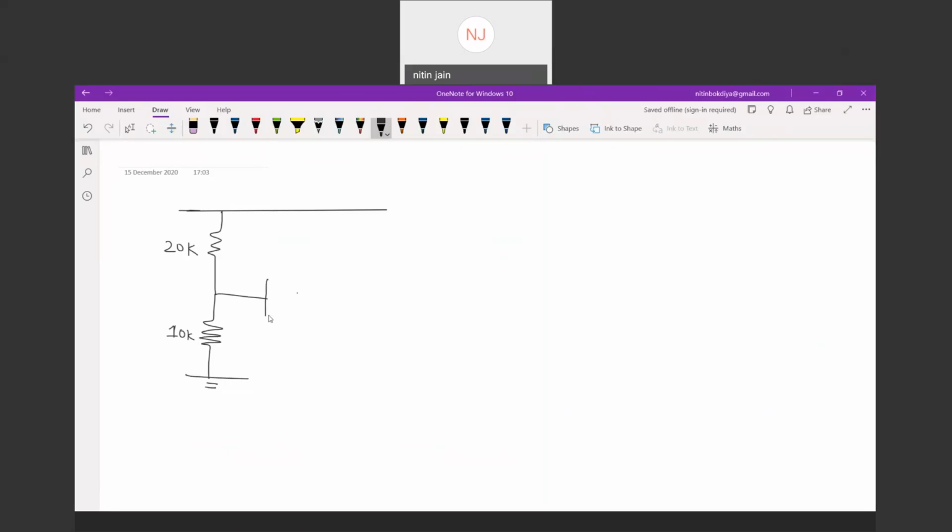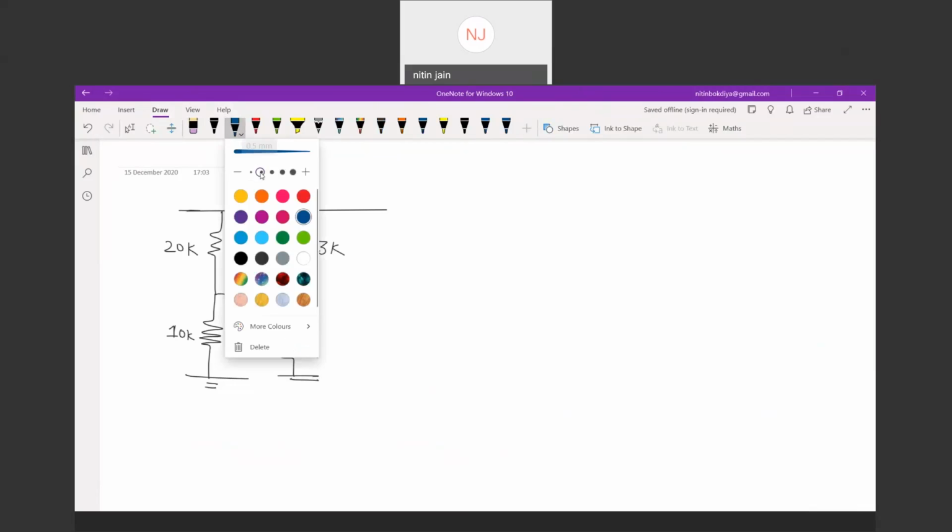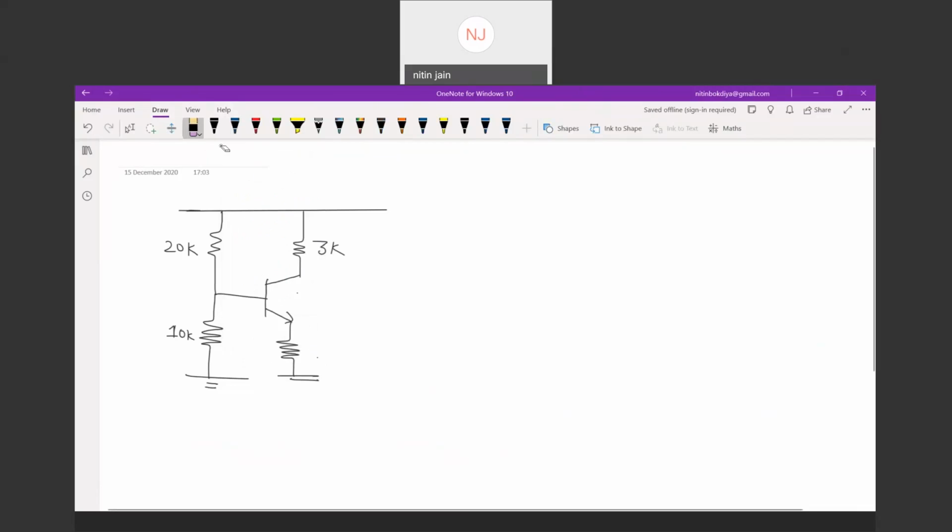Then this is 3K. Then we are having one more resistance, which is 2.3K.